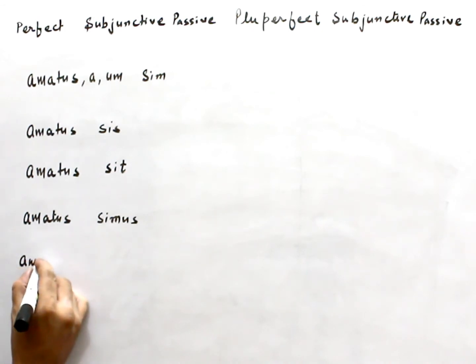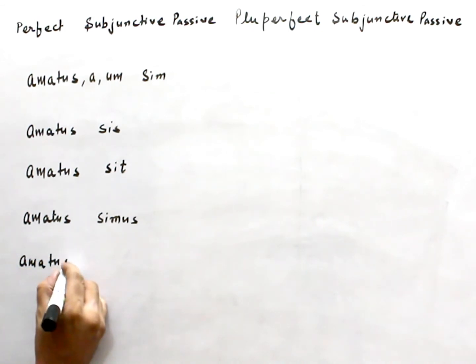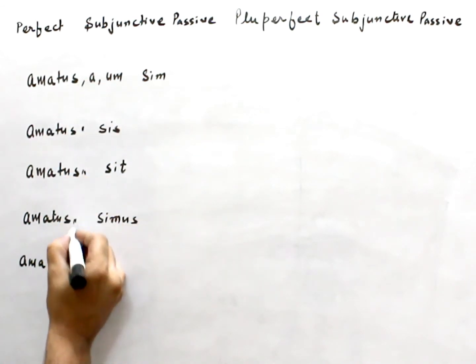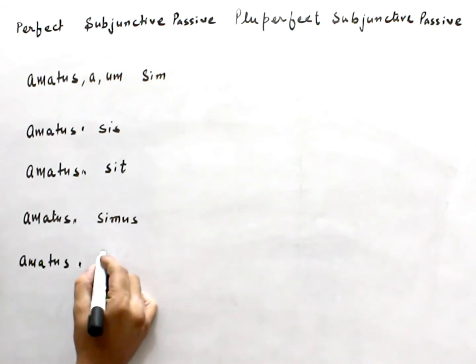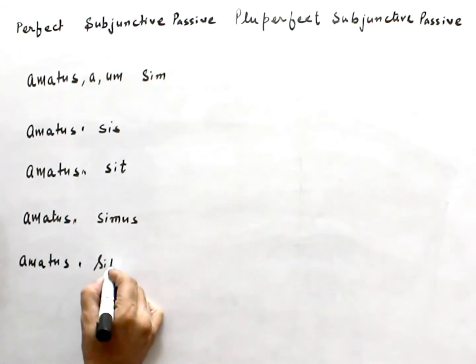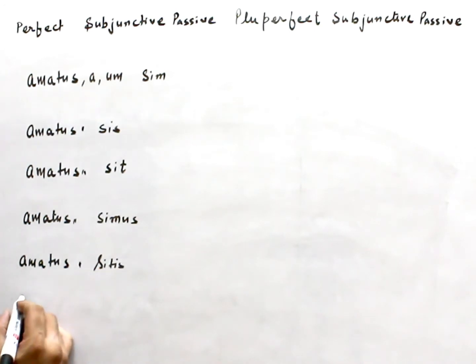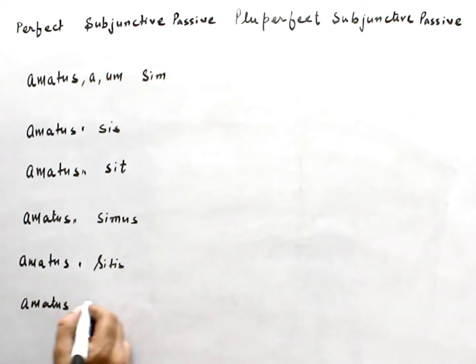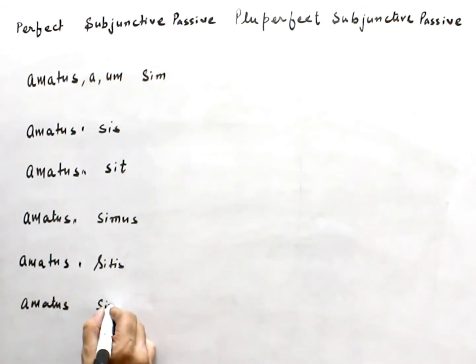Similarly, on the pattern we can move amatus, and this a and these things will be same as it is. Amatus sitis and amatus sint.